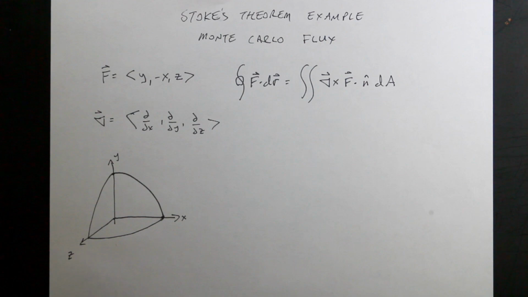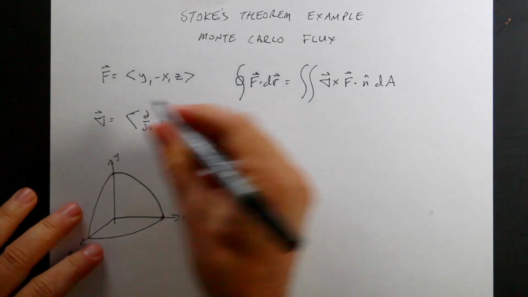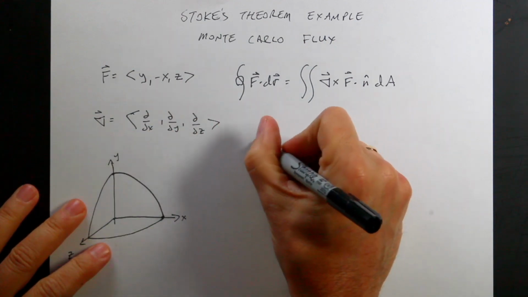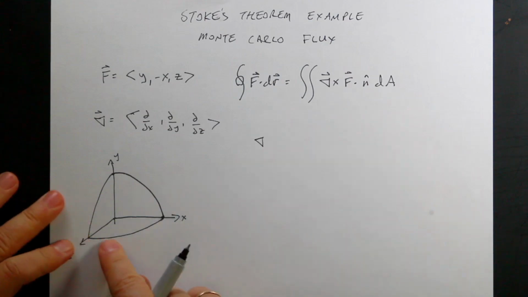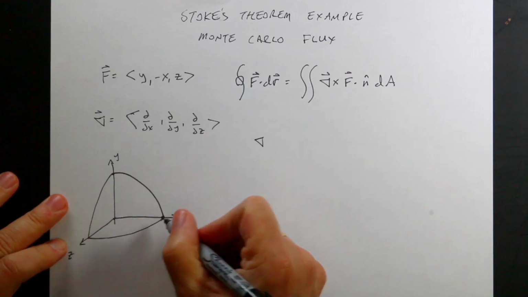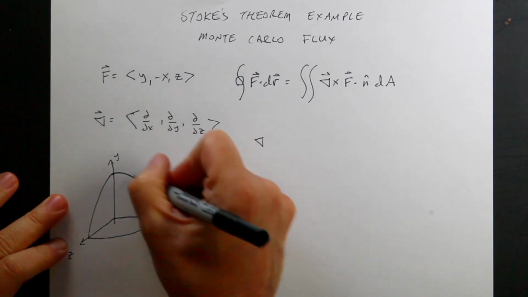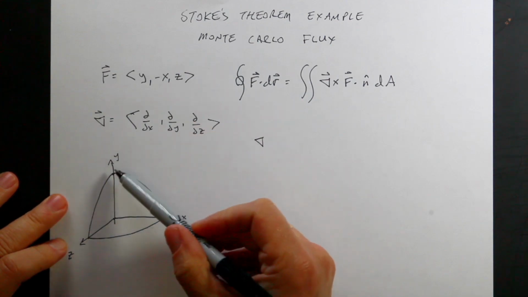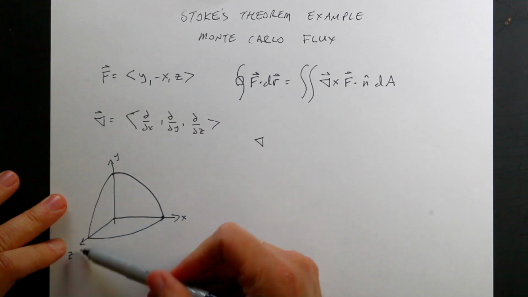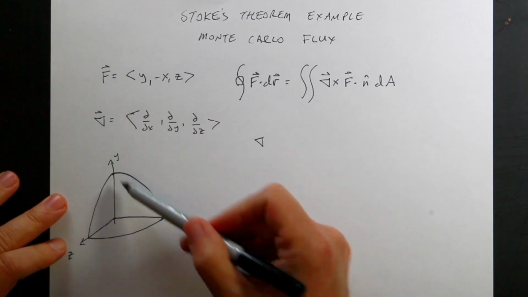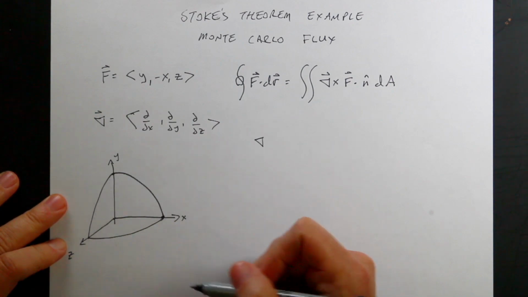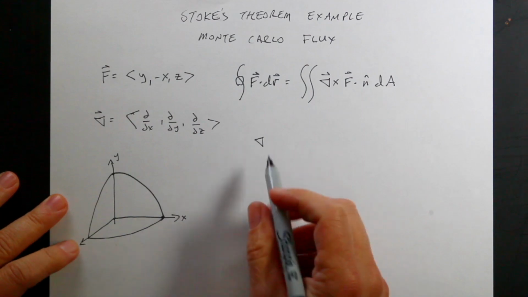My surface is this. I'm going to start right here and go along this curved circle in the xy plane, then go along a curved circle in the yz plane, and then in the zx plane, and then I'm going to find the surface bounded by that.